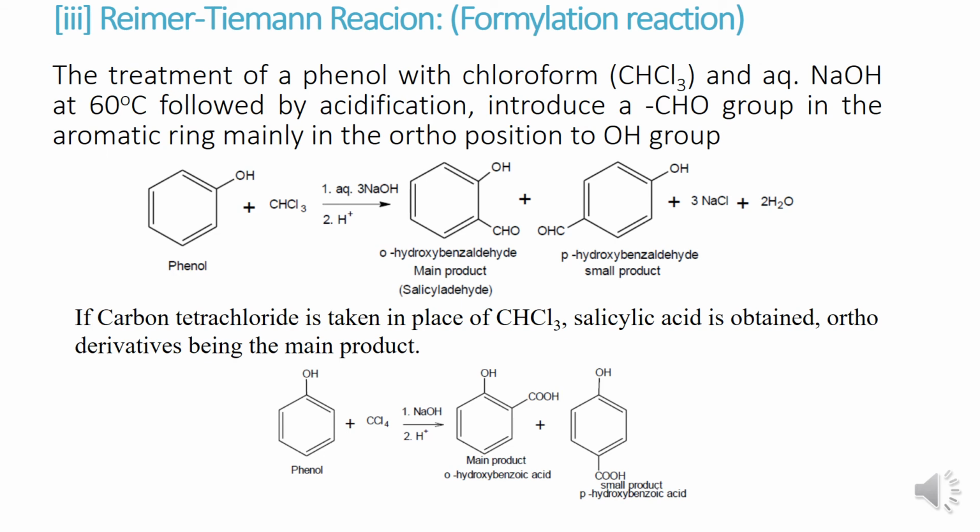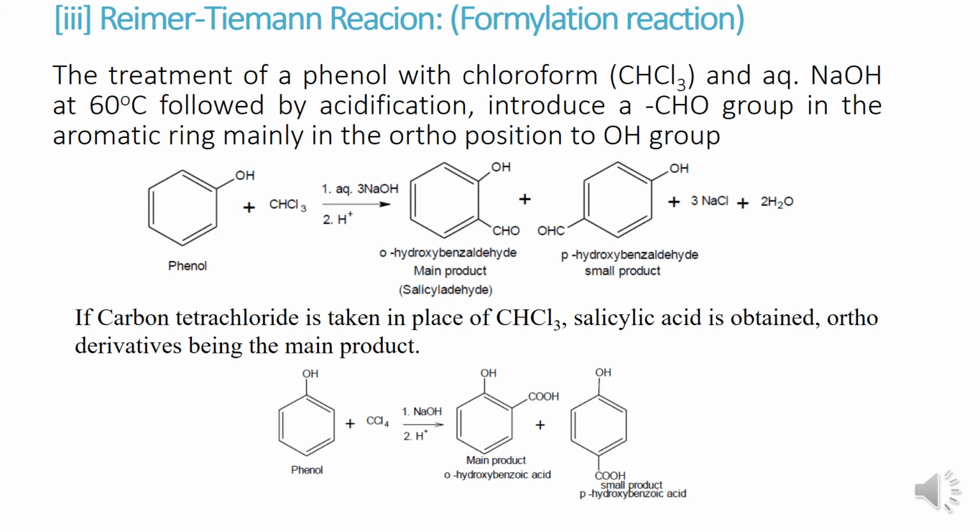So if carbon tetrachloride in place of CHCl3 chloroform is used, salicylic acid is obtained, ortho derivative being the main product. Suppose in place of chloroform, carbon tetrachloride, CCl4, is used, salicylic acid is formed.